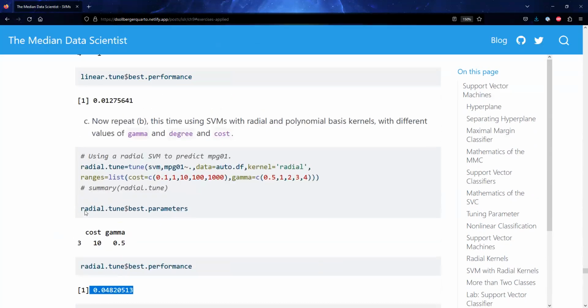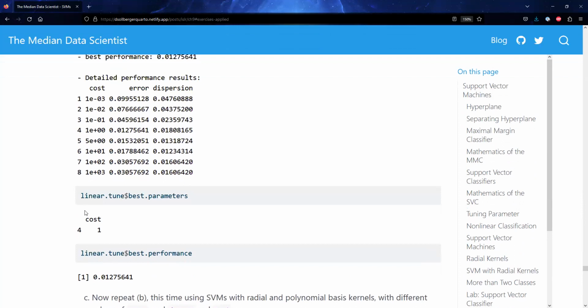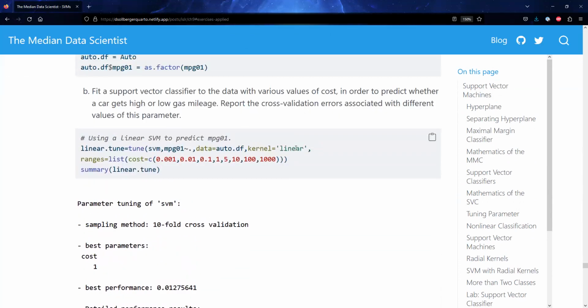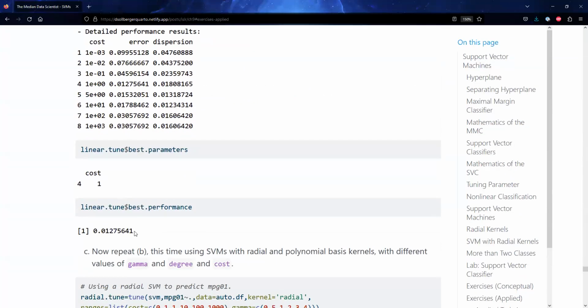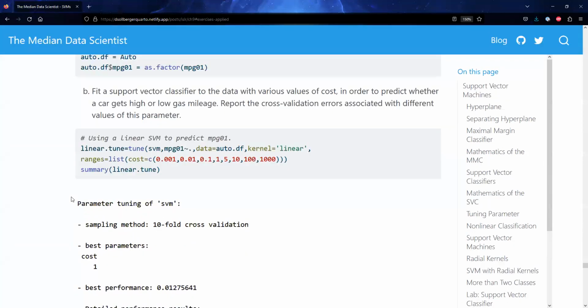And it turned out that for this particular problem, the simplest version of the support vector machine arguably got the best performance. Which goes to show you that in machine learning, sometimes the more complicated models are not the answer.